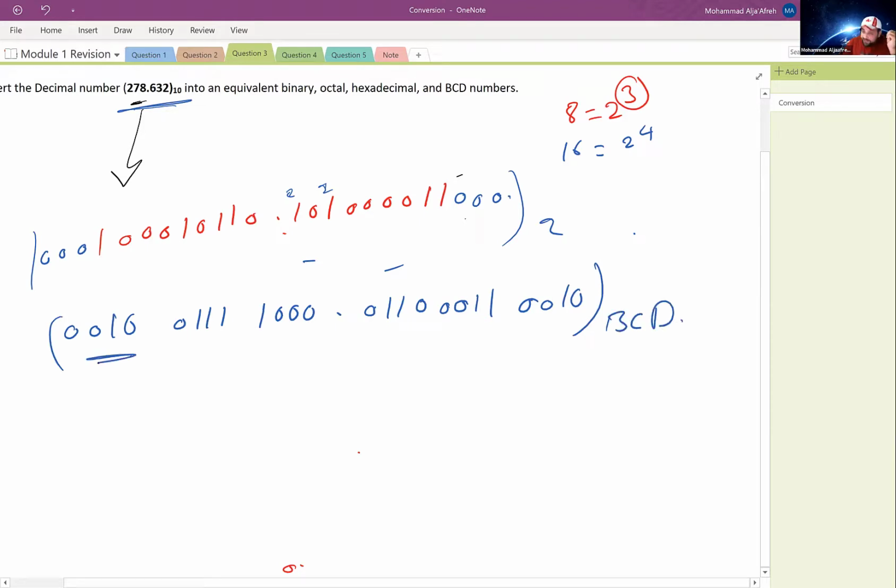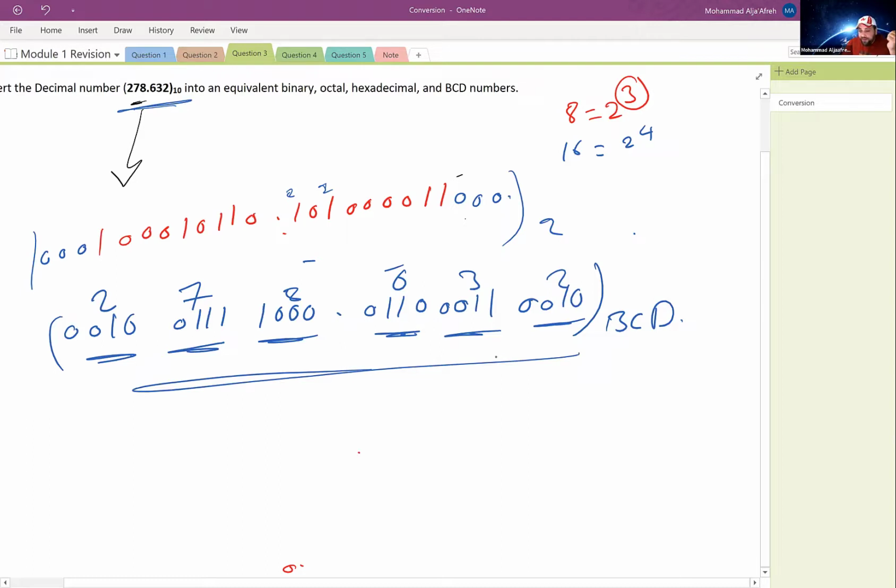So this is right away equal to 2. This is equal to 7. This is equal to 8. And this is equal to 6. And this is equal to 3. And this is equal to 2. So this for sure is not equivalent to the binary that I got here. Okay. So why do I use BCD?